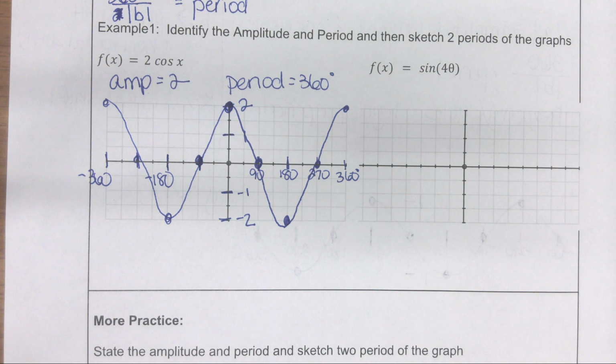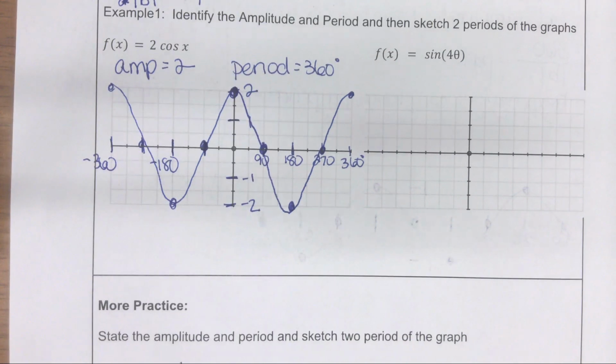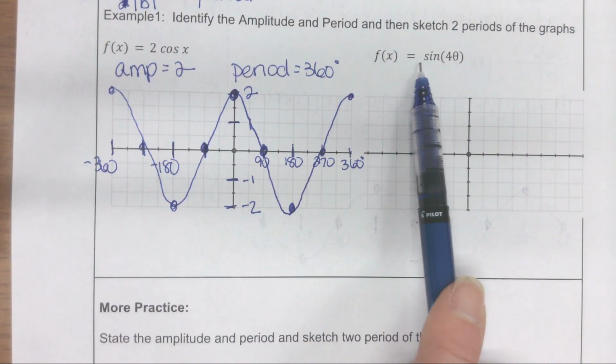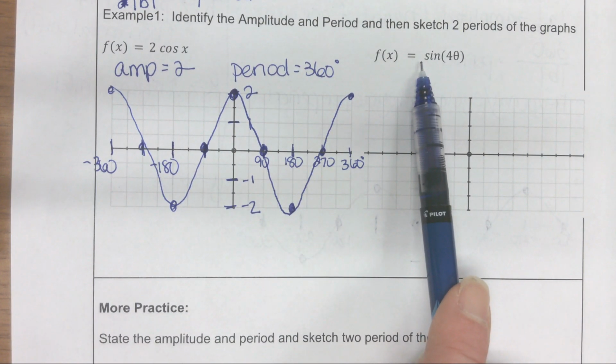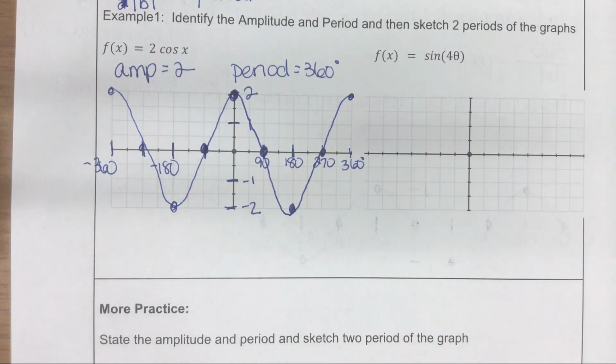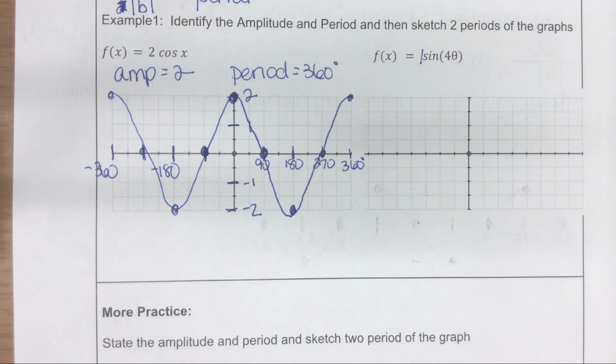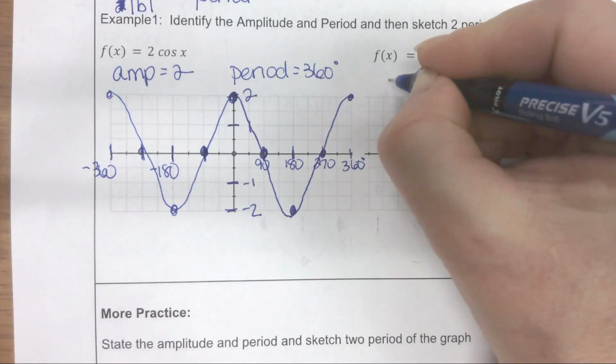Okay, next one. What if on this one there's no number in front? Well, there really is. It's just that from the original sine graph or sine curve, the amplitude didn't change. So for this one, the amplitude is just equal to 1.